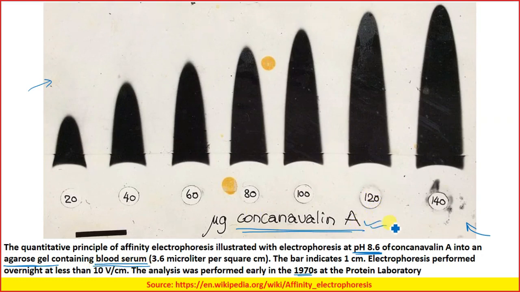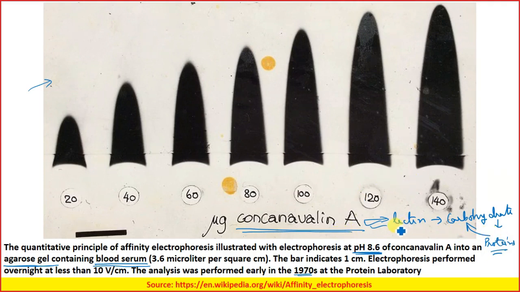Now what is concanavalin A? Concanavalin A is basically a lectin, which is a carbohydrate, and it has the capability to interact with proteins.